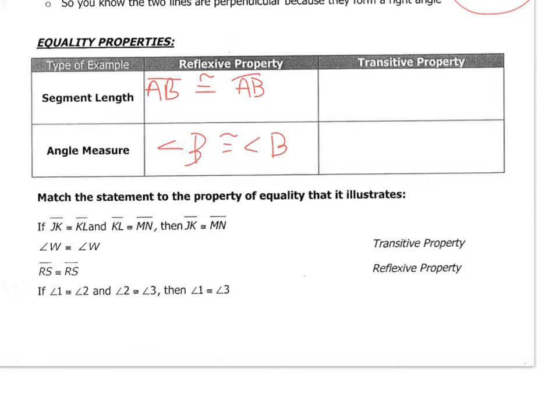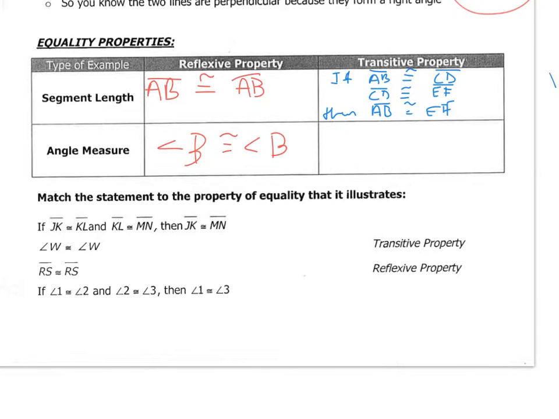The transitive property is if segment AB is congruent to segment CD, and segment CD is congruent to segment EF, then we can say that segment AB is congruent to segment EF, because CD is the same for both of them.